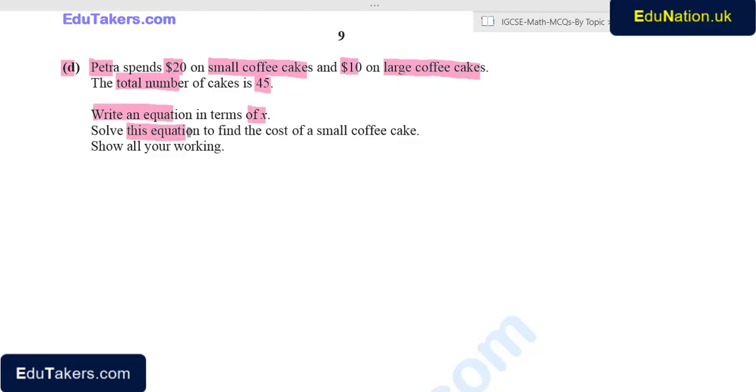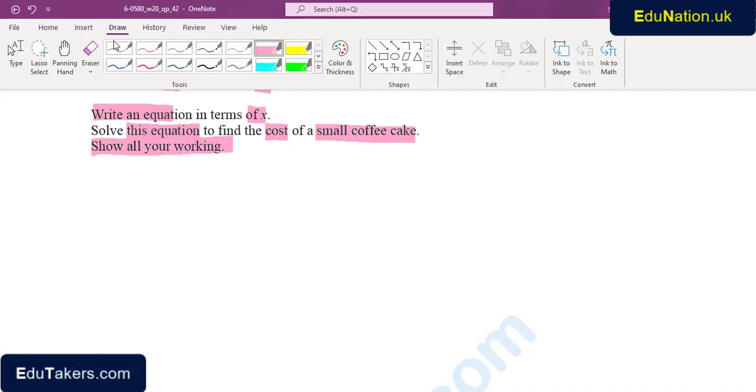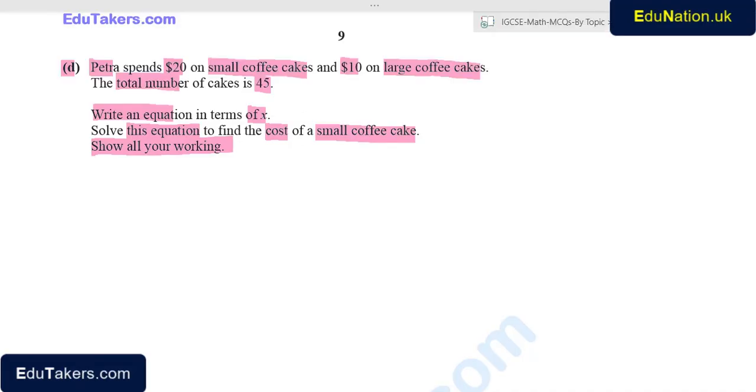Solve this equation to find the cost of a small coffee cake and show all your working. $20 on small coffee cakes: 20 over x, since each small cake costs x dollars, plus $10 on large coffee cakes: 10 over 2x plus 1, and the number of cakes is 45.